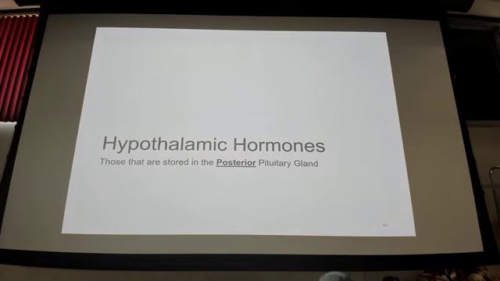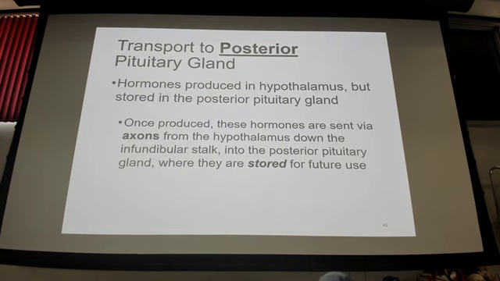Now, posterior pituitary, good segue. These are just stored. The posterior pituitary doesn't do anything. Let me rephrase that: the hypothalamic hormones that act on the anterior pituitary make it make something else.